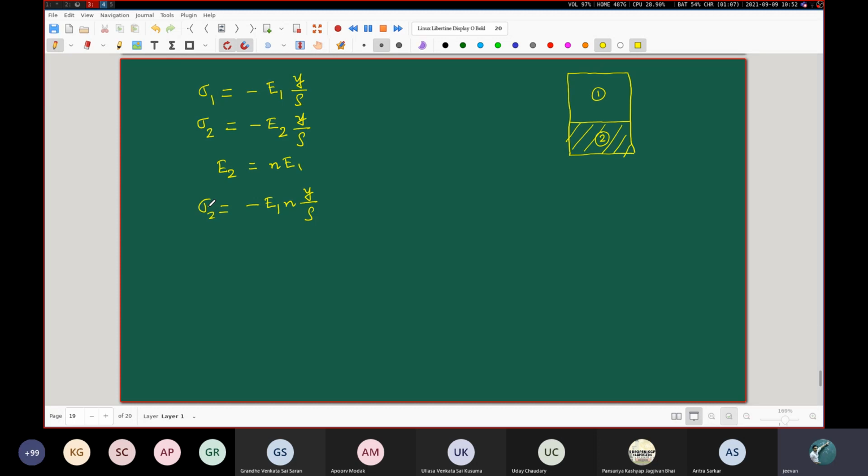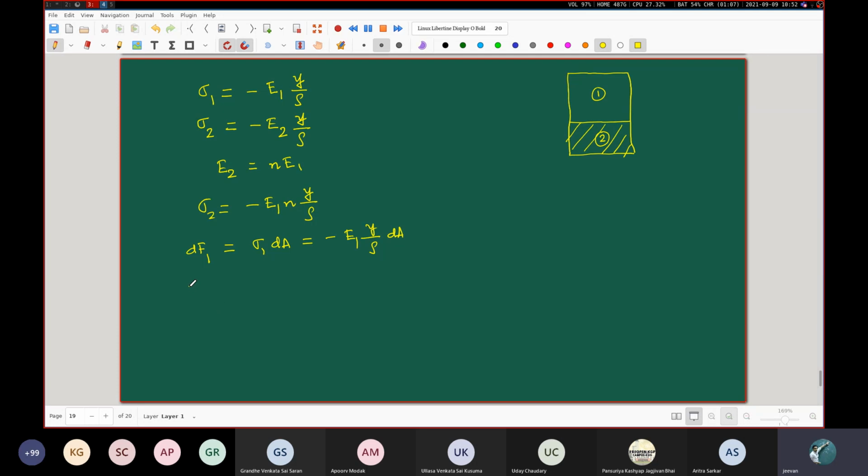So for forces, all that you have to do is multiply this stress and this stress by their elemental areas. So the elemental force dF1 is going to be equal to sigma 1 times dA, that is equal to minus E1 y by rho dA.